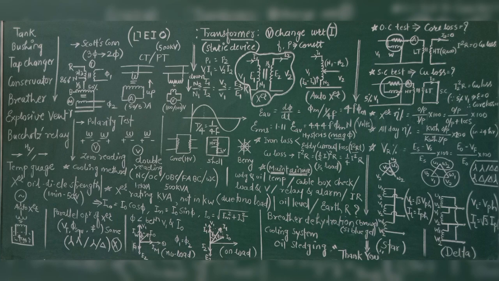Transformer rating is in kVA, not kW, because the power transfer is in voltage and ampere, independent of load. At no load condition, the phasor diagram is given like this. I0 is the square root of the sum of squares of the wattless current and magnetizing current. On load condition, phi 1 and phi 2 will be the same.